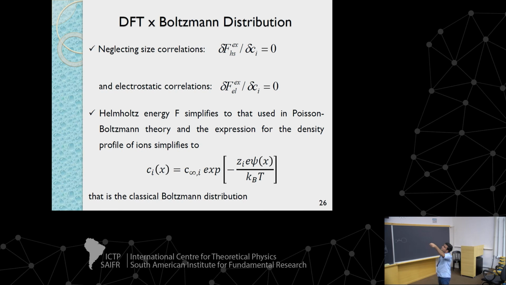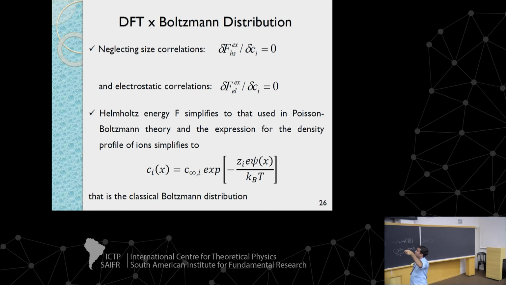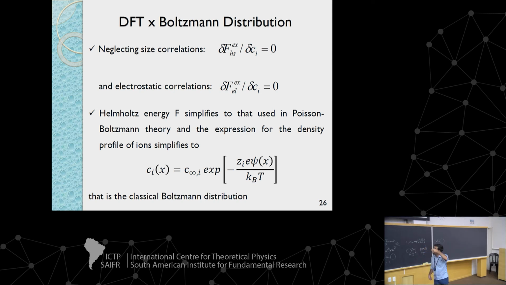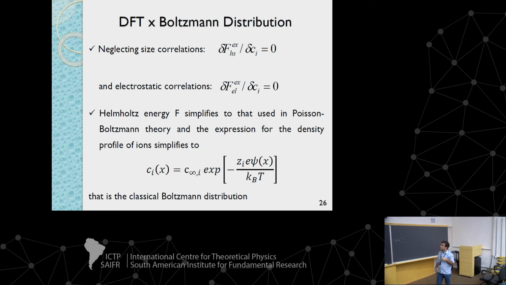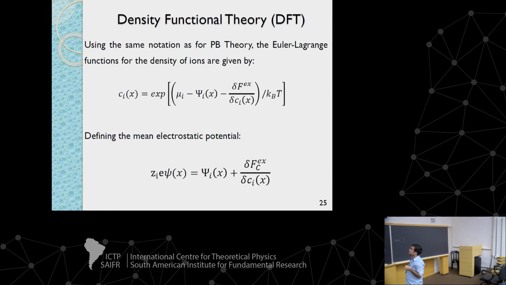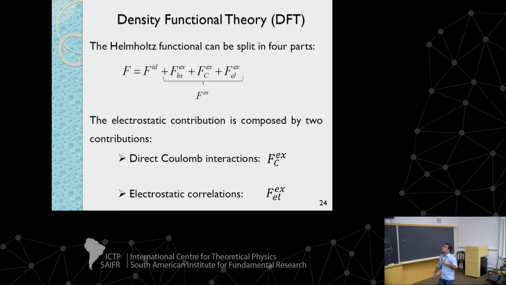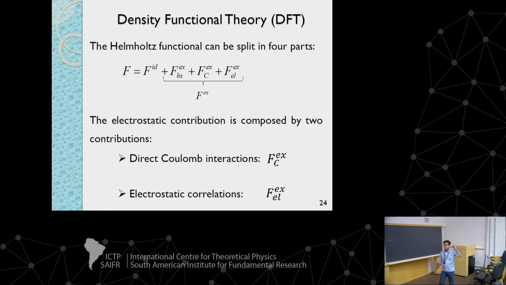And when we neglect size correlations and electrostatic correlations, we get exactly the same expression that we considered last class, yesterday. Okay, so this is again the classical Boltzmann distribution. So we see that the difference between this DFT approach and the Poisson-Boltzmann approach are these two terms, the electrostatic correlations and the size correlations.